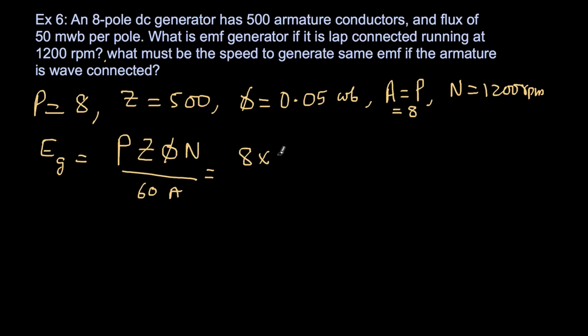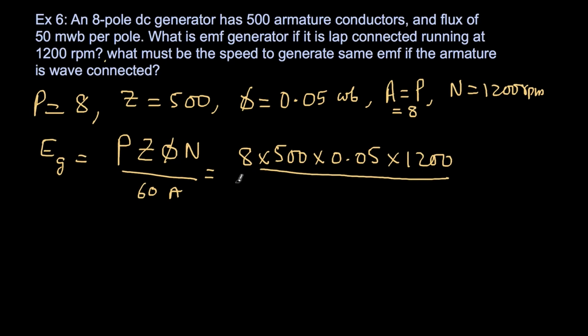So 8 into 500 into 0.05 into 1200 divided by 60 into A, where A is again 8. So 8 right away gets cancelled.